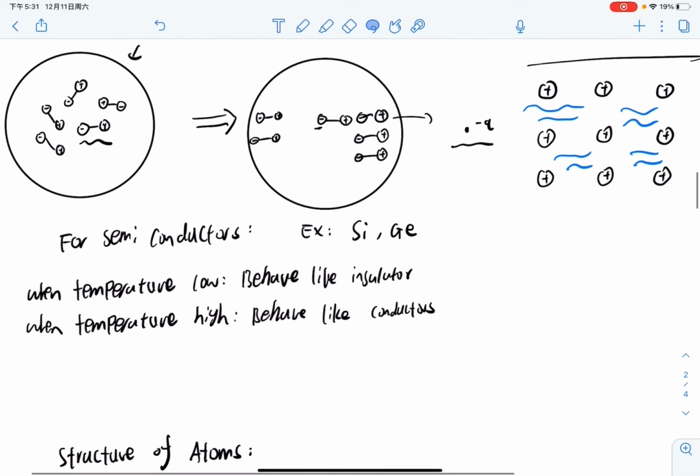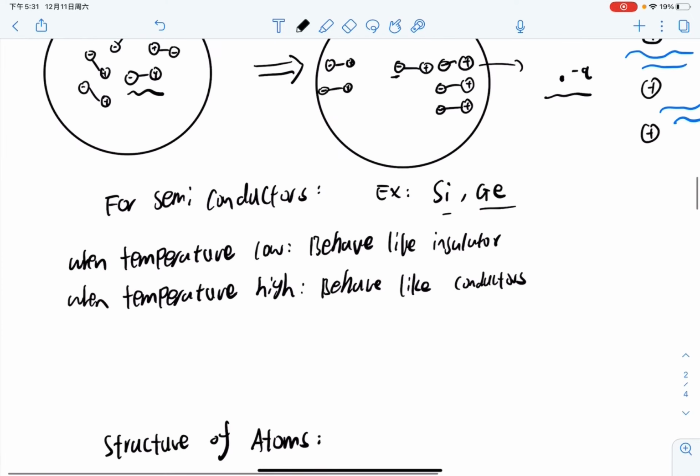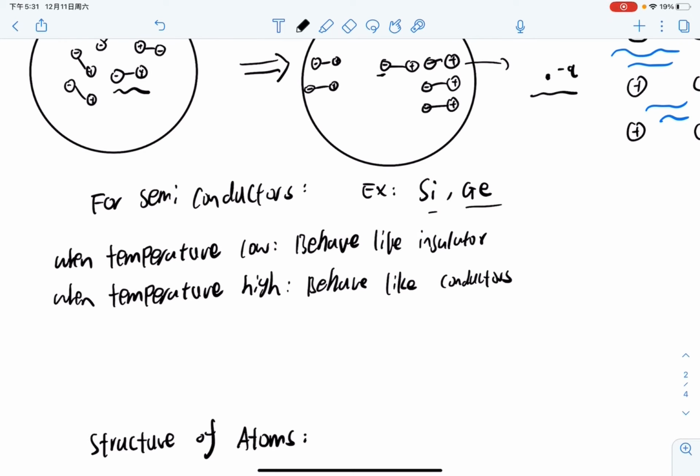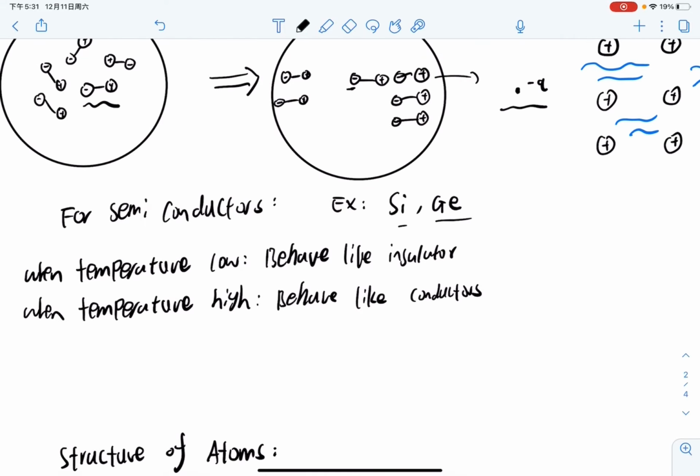And for the case of semiconductors, like silicon and germanium, when the temperature is low, it will behave like an insulator. And when the temperature is high, it will behave like a conductor. So why is that the case? I'm going to explain.